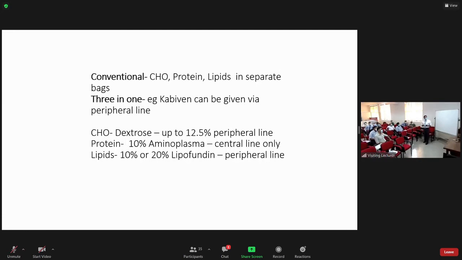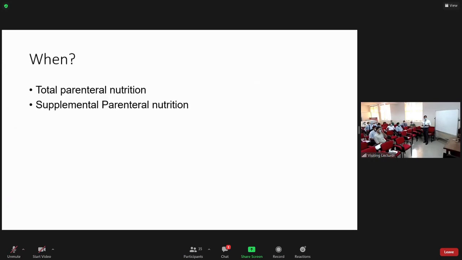So that is the disadvantage of Kabiven, but even without a central line, you can use it. It is recommended that carbohydrate, dextrose up to 12.5%, can go through a peripheral line. Protein is not recommended through a peripheral line, and lipids, whatever the strength, 10 or 20%, Lipofundin, you can provide through a peripheral line. Calculations, of course, I am not going to discuss here. Next slide.